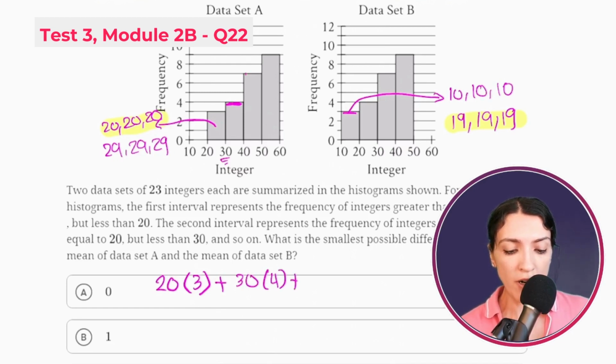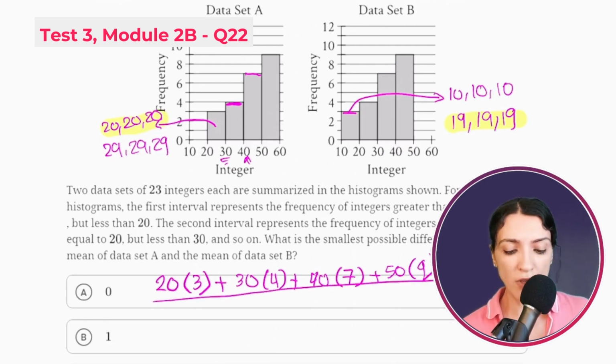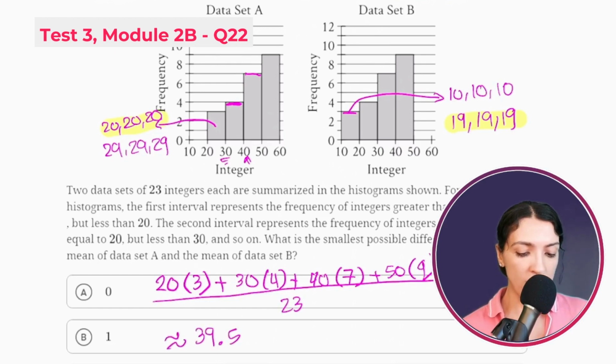For the other bar, the minimum would be 40 times the height 7. And lastly, for the last bar, it will be 50, and we have 9 data points. And since there's a total of 23, and we're looking at the average, we divide by 23, and we get the value to be about 39.56.